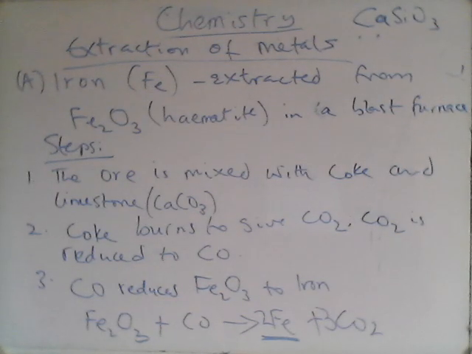The next metal we are going to look at is aluminium. So iron and aluminium are both what is mostly covered in this syllabus. So we'll look at how aluminium is extracted. How do we get aluminium? From bauxite.